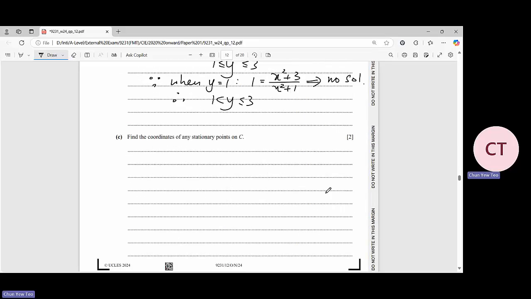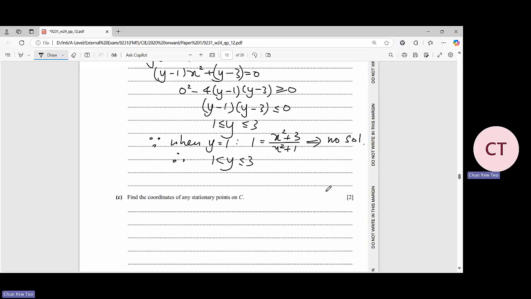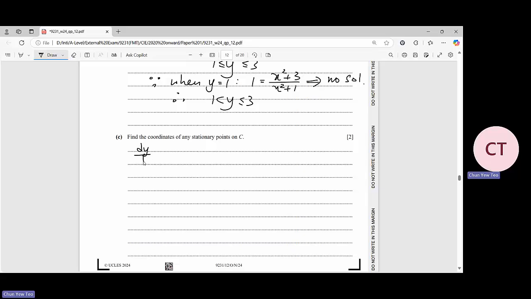Okay, now we want to find the stationary point. To find the stationary point, we usually just need to do the differentiation. Keep the bottom, differentiate the top, minus keep the top, differentiate the bottom, divided by the bottom squared. Expand and simplify, you will get this as negative 4x.